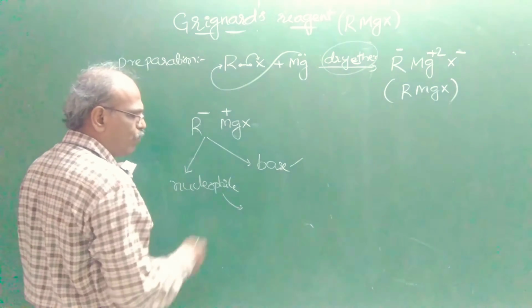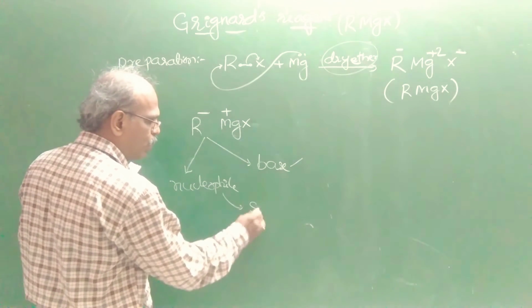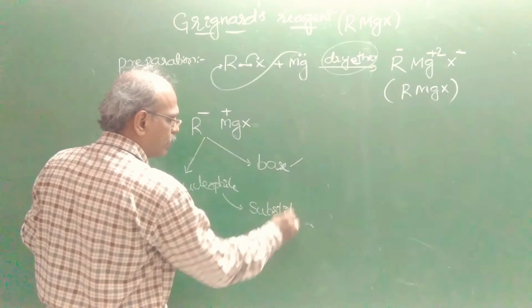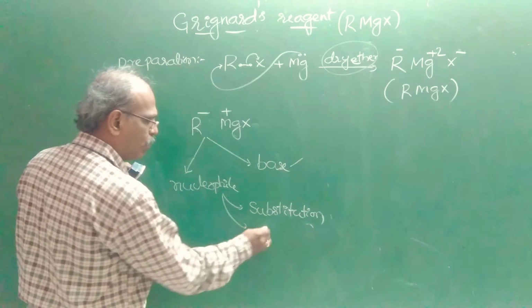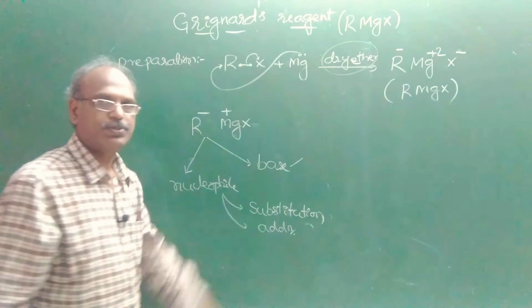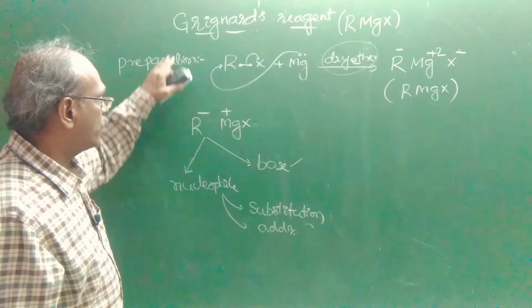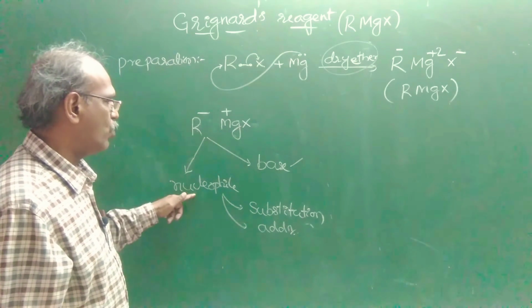As a nucleophile there are different possible reactions: nucleophilic substitution or nucleophilic addition. There are different possible ways. So this R minus of Grignard's reagent can act as a base or as a nucleophile.